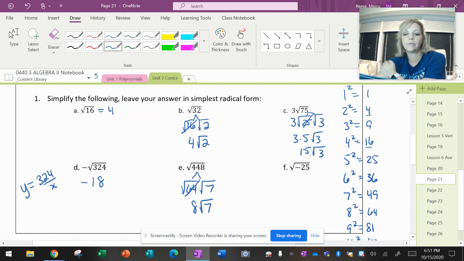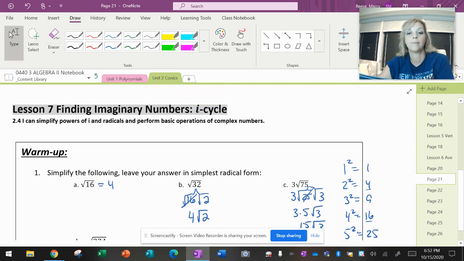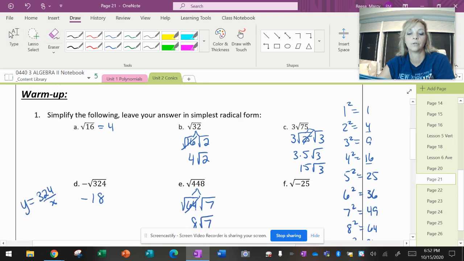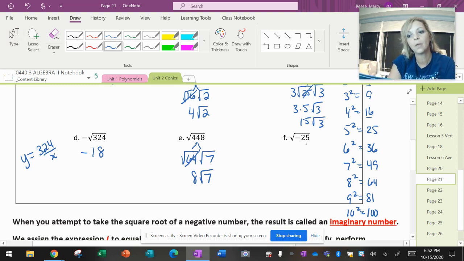And here we go with a negative. And this is, my friends, what we call the imaginary numbers wheel, or the I cycle that you're going to get into. Okay, so the square root of negative 25.